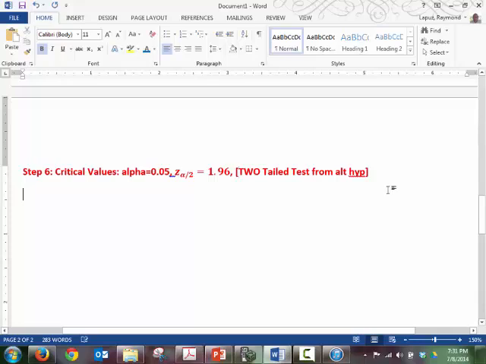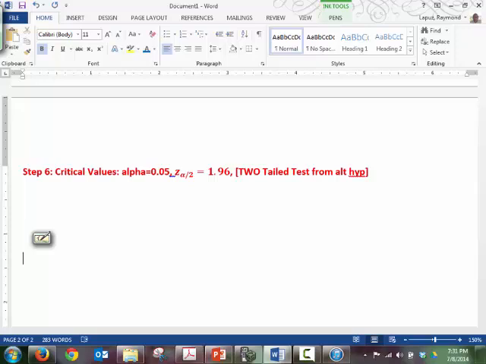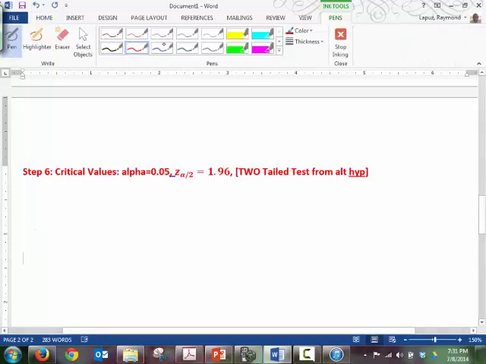Because this is a two-tail, it has to go on both sides.